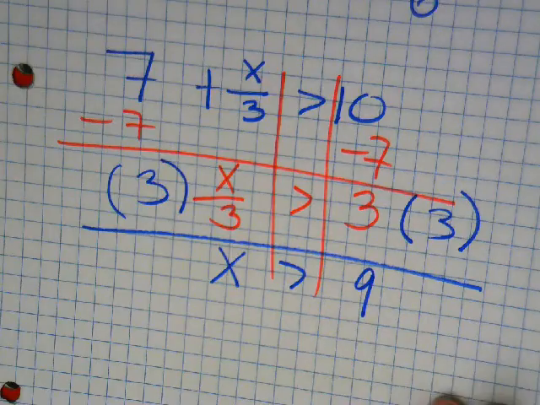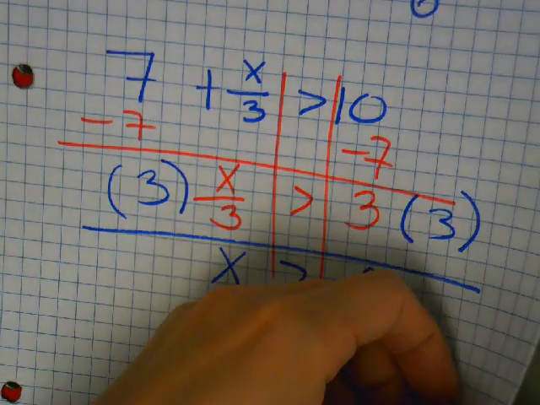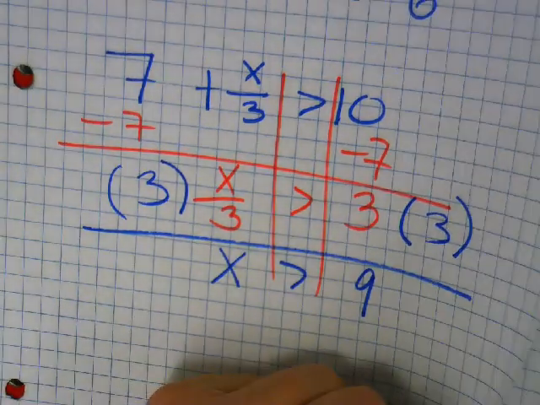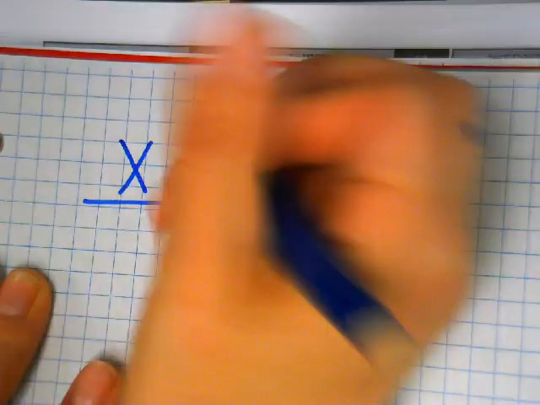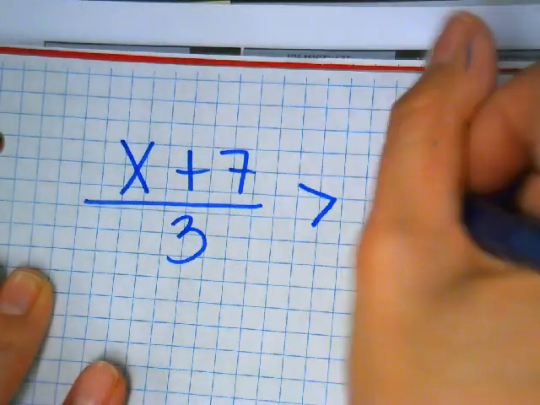Okay. The last thing I want to show you. My last page, because I write huge. Okay. x plus 7 divided by 3 greater than 10.